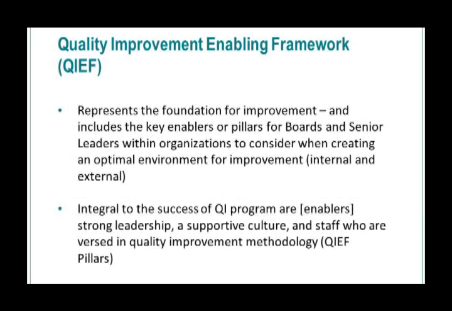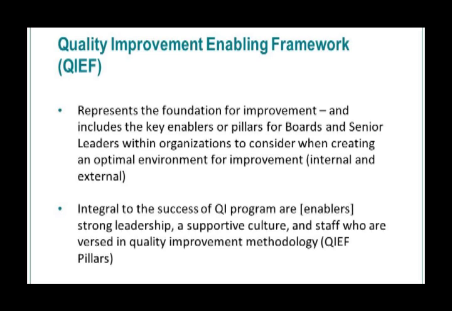One of the tools that we have been using with the HealthLinks Leadership Collaborative is the Quality Improvement Enabling Framework. We've used this to ensure that we have all of the factors and enablers present to be successful in implementing HealthLinks. The Quality Improvement Enabling Framework represents the foundation for improvement and includes the key enablers or pillars for boards and senior leaders within organizations to consider when creating an optimal environment for improvement, internal and external.